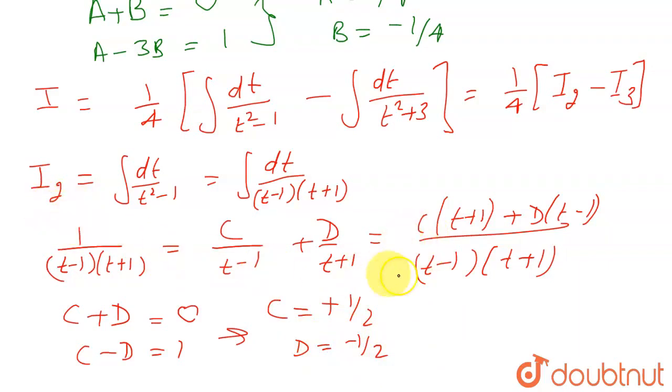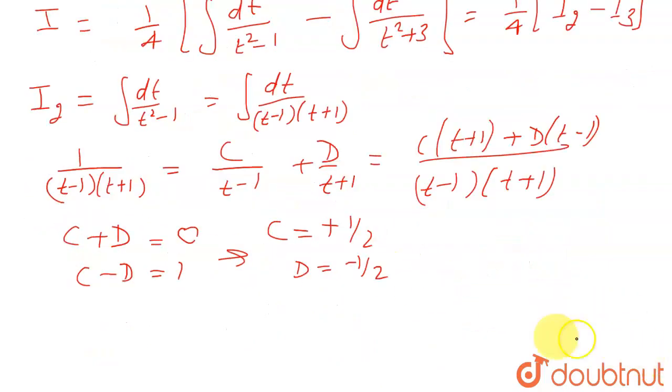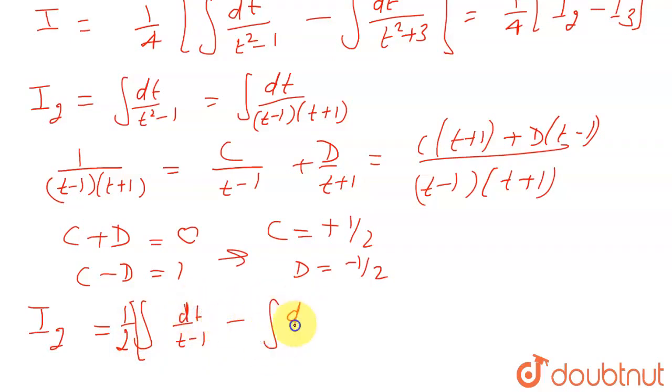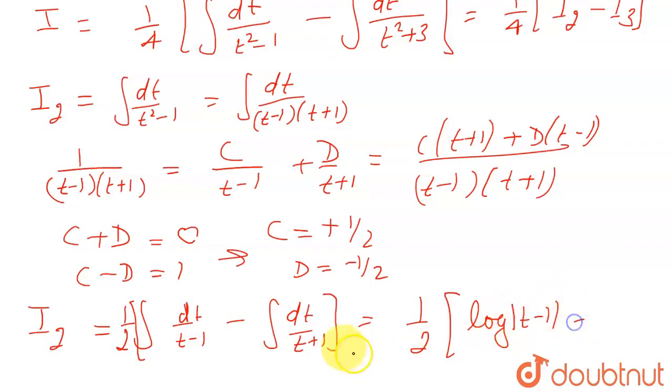So our I2 will become integration of half of 1 by t minus 1 dt minus integration of dt upon t plus 1, which will be equal to half of log of t minus 1 minus log of t plus 1.